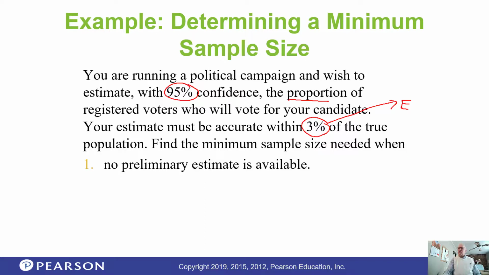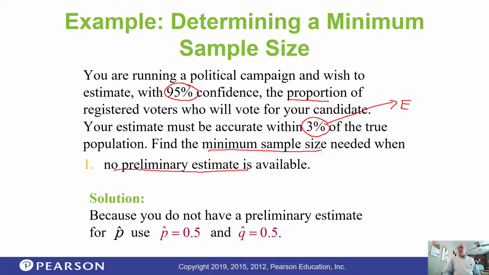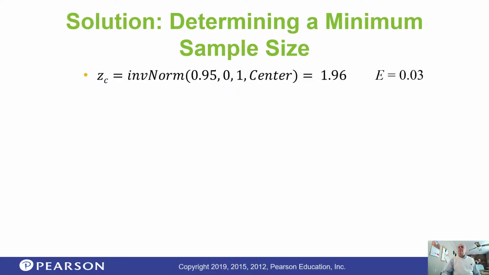That's your margin of error. Find the minimum sample size. No preliminary estimate. That means you're going to have a p-hat that you assign as 0.5 and a q-hat you assign as 0.5. There you go. You're ready to put it in the formula.